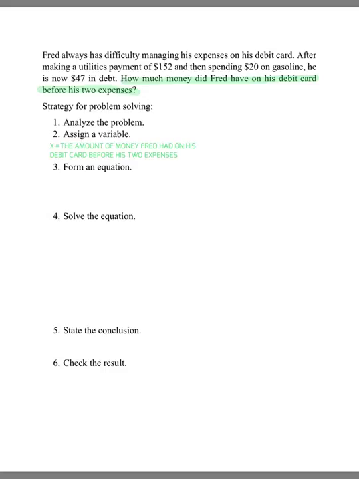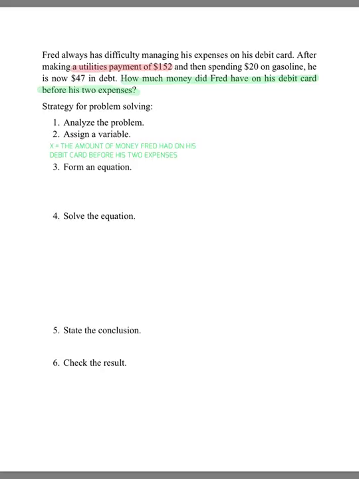So now let us go back to analyzing the problem. So let's see. What do we know? Well, for starters, Fred has difficulty managing his expenses, but that doesn't really help us. So let's go ahead and continue on. After making a utilities payment of $152, okay, so we have something there. So we know he made a utilities payment of $152, and then he also spent $20 on gasoline.